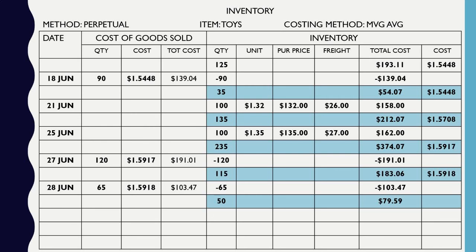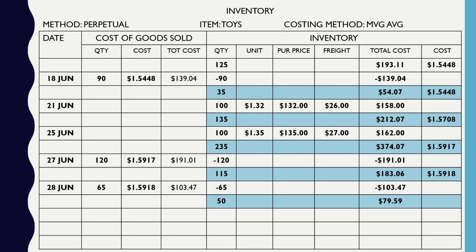Since I am looking at my 115, that's what you want to look at. For my 115, the step before that, my 235, my number right now is $374.07. That's my total cost.